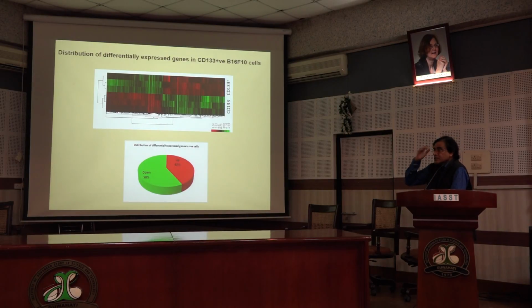Then he used these CD133 positive cancer stem cells and did microarrays, and globally asked the question: what classes of genes are upregulated and what classes are downregulated, using the Affymetrix platform. And this is the heat map analysis. You can see 42% of the genes upregulated and 58% of the genes downregulated.